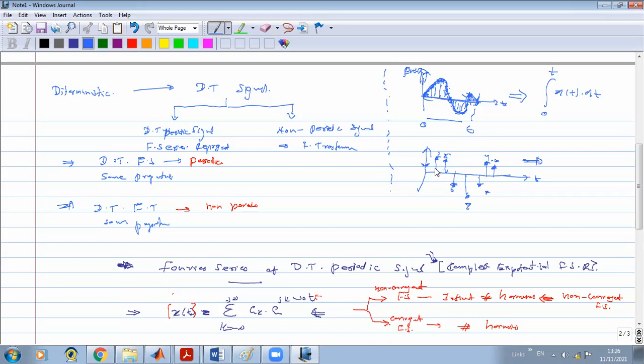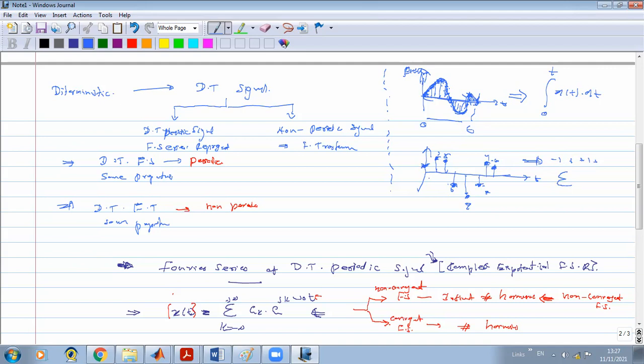In case of this sampled version, if you want to add these points, do you want to integrate or not? You don't need to integrate. You can simply add these points together, 1, 2, 5, minus 6, minus 7.